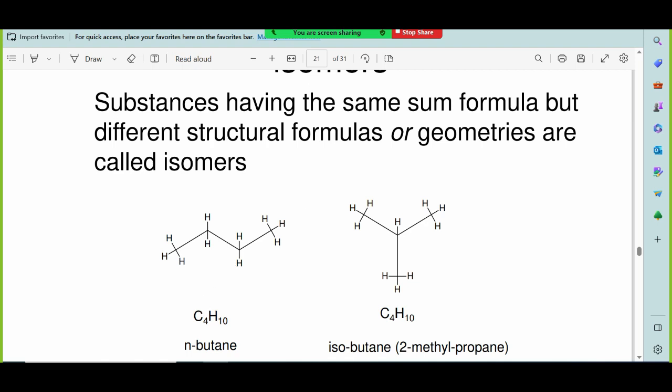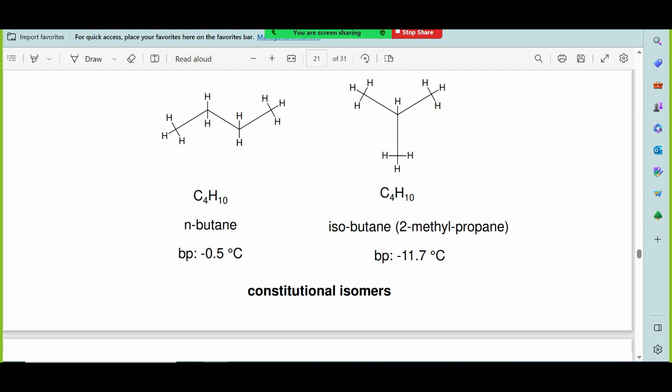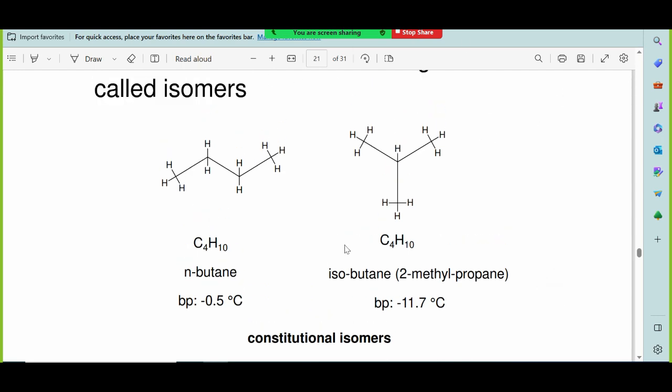Both are C4H10, but they have different names, different structures, and most importantly, different properties. The boiling point, for example, is very different. This boils at a much lower temperature than this one.